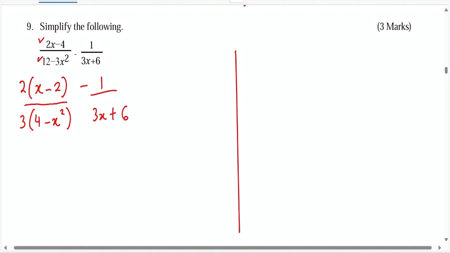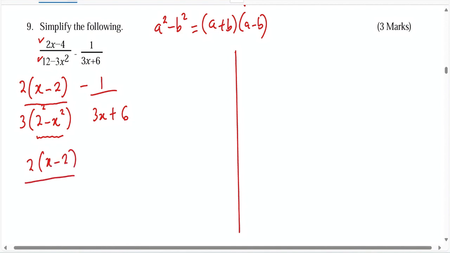Ukiona vizuri 4 minus x squared is usually the difference between two squares, ambayo ni a squared minus b squared, in which itakupa a plus b na a minus b. Wajiuliza hii 4 ni huoni a squared, sio? Hii 4 yenyewe ni 2 squared, so isije kuchanganya. So basically I'm also factorizing the one which is below.